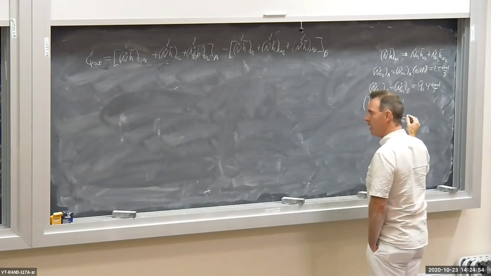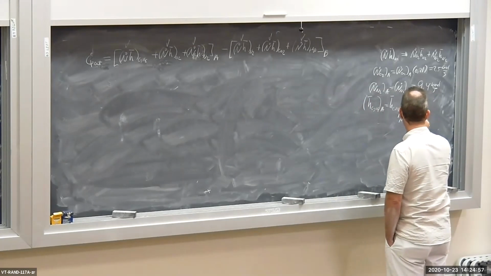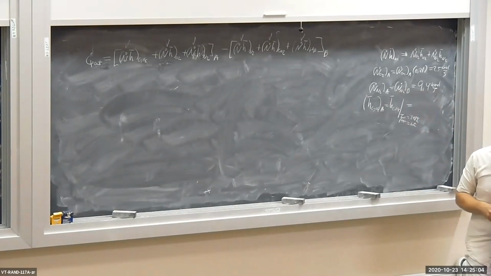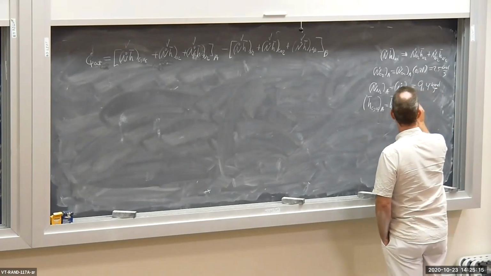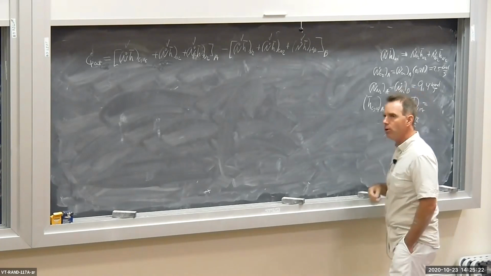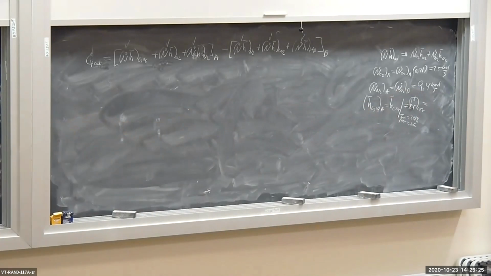Remember, the reference temperature and pressure are 298 Kelvin and 1 atmosphere. So I want to evaluate the specific enthalpy at the reference temperature and pressure. Well, that's just the enthalpy of formation, H naught sub F bar for the C3H8. I can look that up in a table.